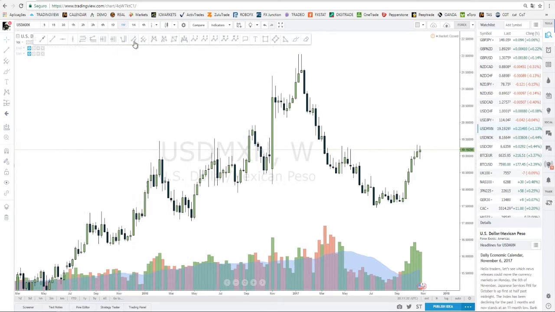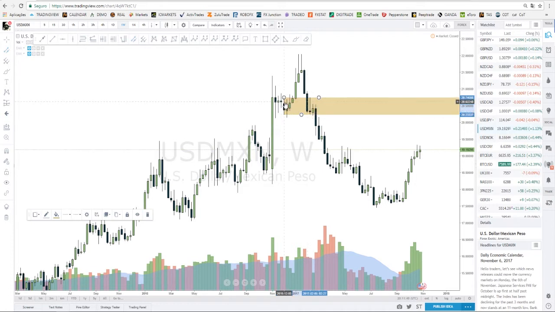Okay, so if you see here this down candle, something happened here to push price up. And then at the same area, something happened there to continue to push price down.